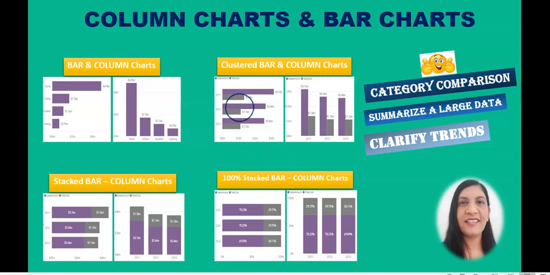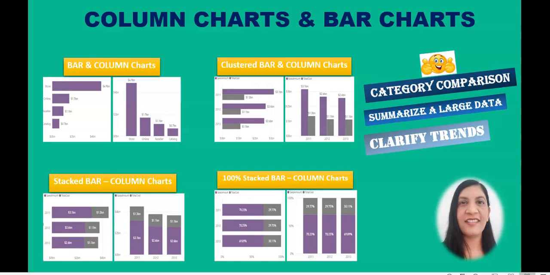So that is that. Now where do you use a bar and column chart? When you want to compare categories, like by time, like a yearly comparison, or by values comparison, in this case sales and cost, or by continent, that kind of thing, there you can use the column and bar charts.